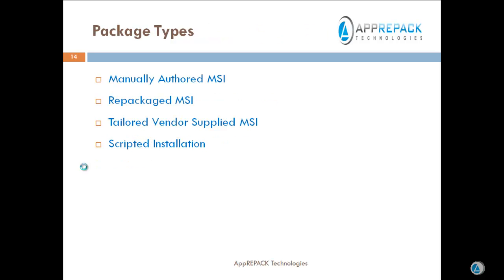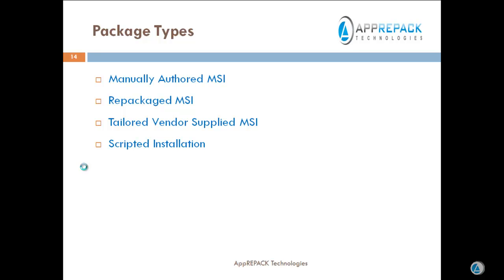Now let's see what the different package types are that are available and which of these we would be using in our day-to-day activities. The first is manually authored MSI. Sometimes when you try to download software from the internet, the file you get is setup.exe or setup.msi.